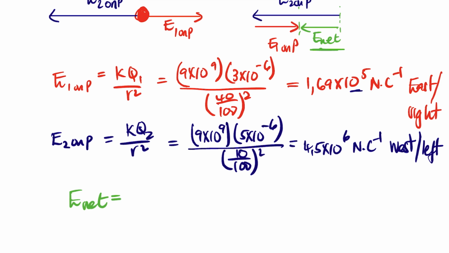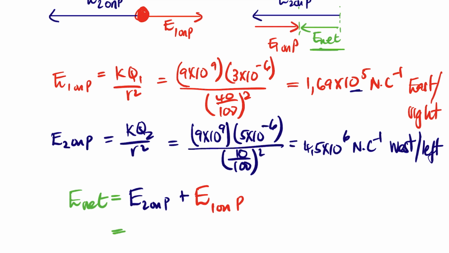E net is going to be E2 on P, charge 2 on P, and then the second one is going to be E1 on P. But it's very important to understand their direction, to punch it in with their directions there.